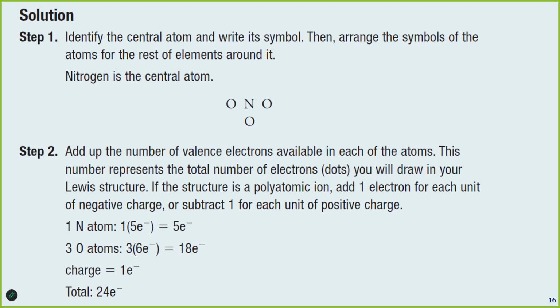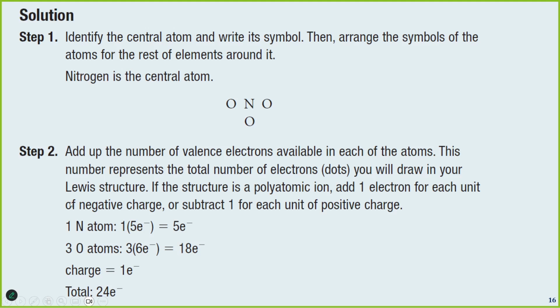If the structure is a polyatomic ion, add 1 electron for each unit of negative charge, or subtract 1 for each unit of positive charge. So we have a -1 charge here, right? So we need to compensate for this by adding 1 electron. And the total number of electrons is 24 in this case, right?